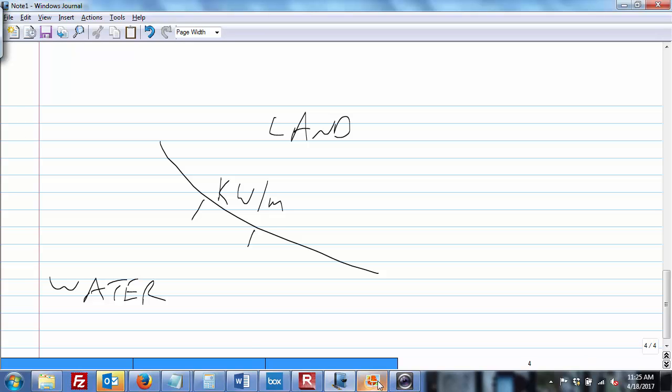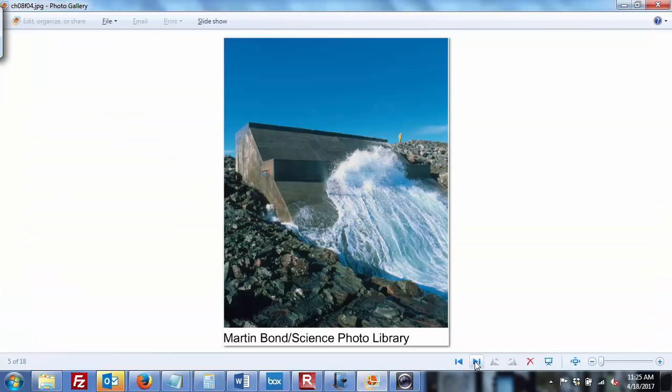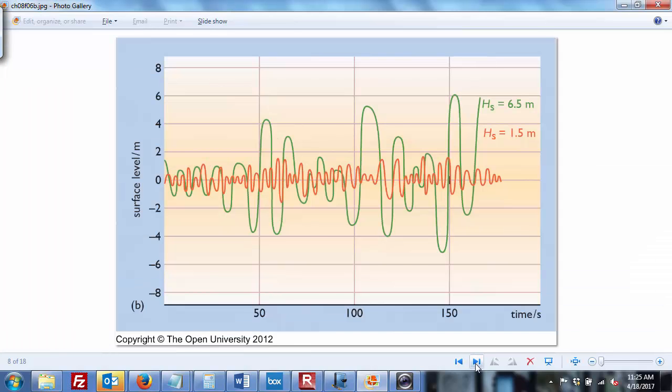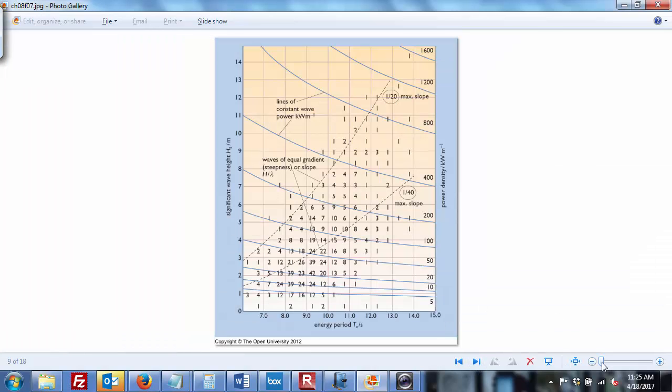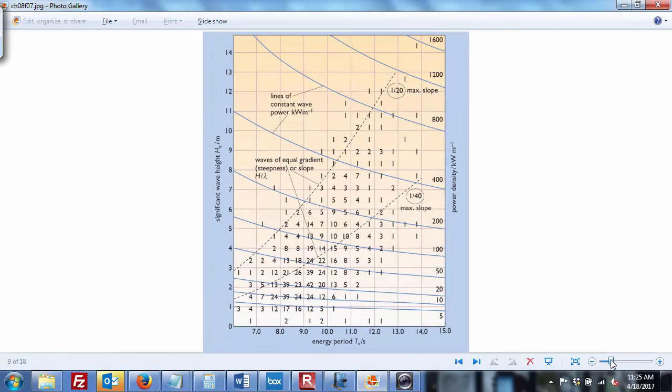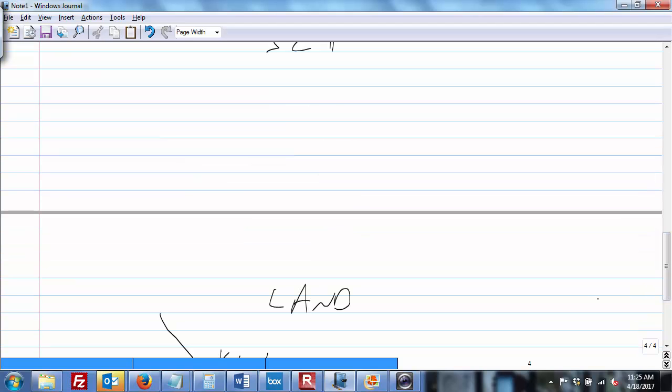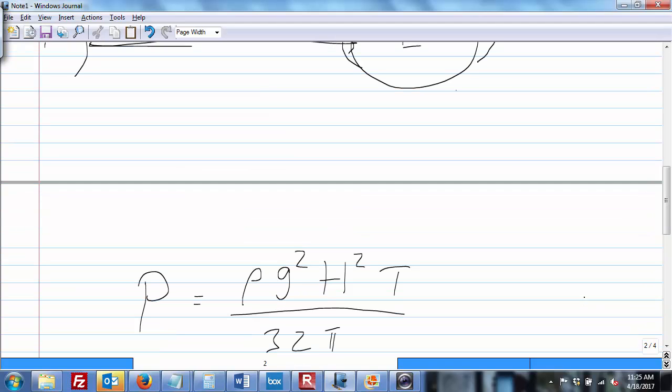All right, so now if we go to our resource map, just go back here where we were, we can see that down here, let's look at our power equation.